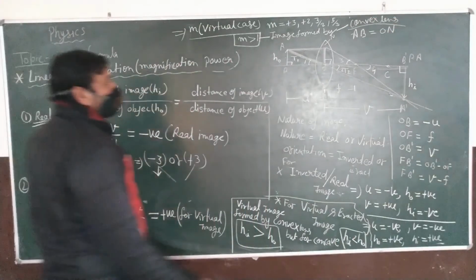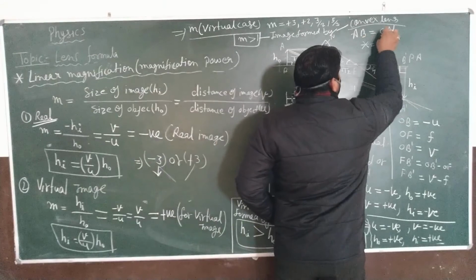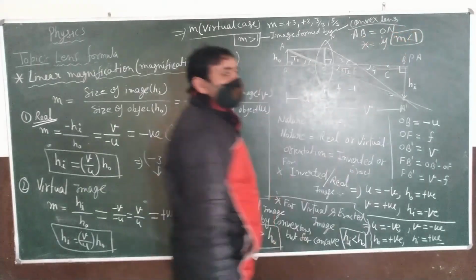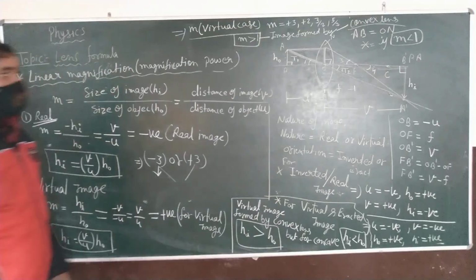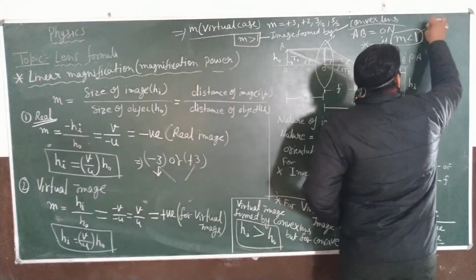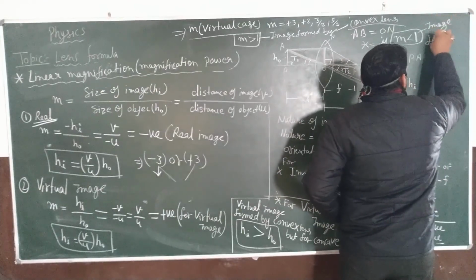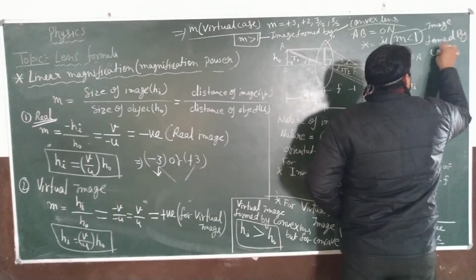So, if magnification is smaller than 1, what is the meaning of it? That the image is formed by a concave lens.